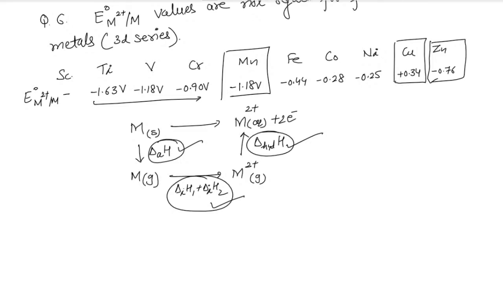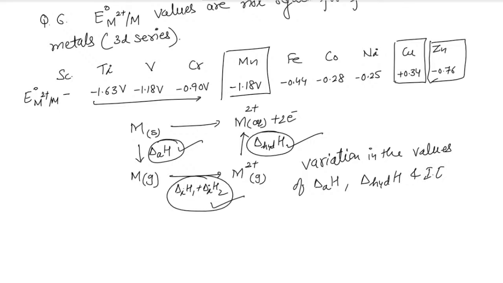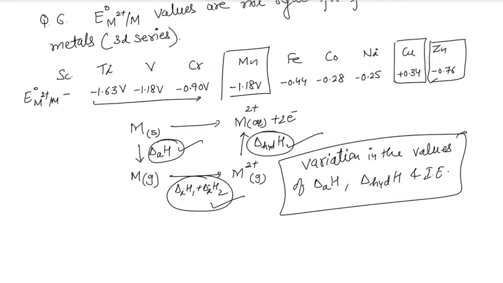So the proper reason is, like Sahil wrote in the chat box, that it is due to variation in the values of enthalpy of atomization, enthalpy of hydration and ionization enthalpies, which are not quite regular.